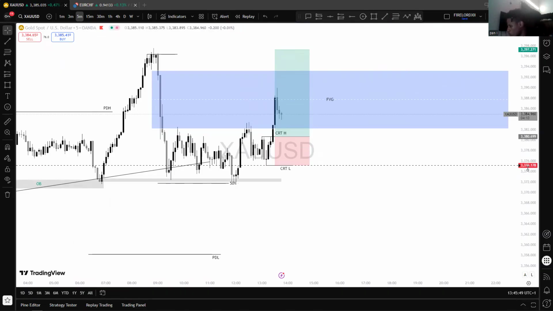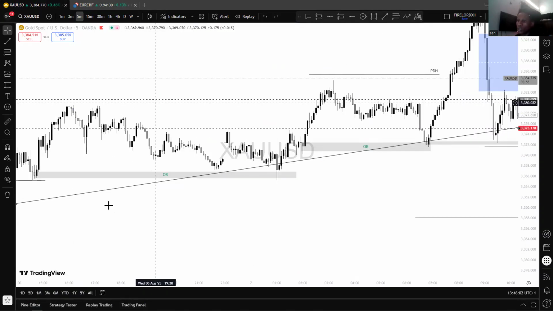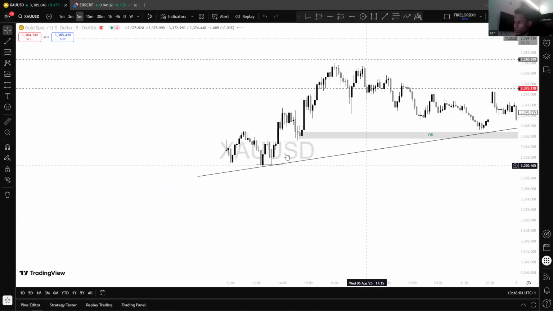Maybe we should set the price alert at the retest. Exactly. Let's see, and now we can go back and try and get what we're doing.